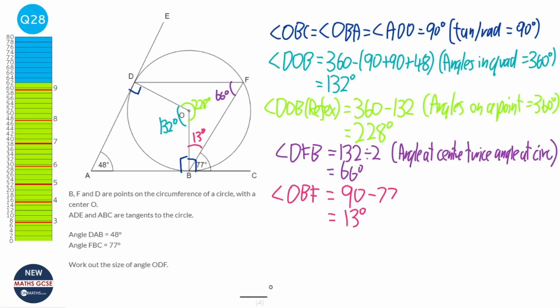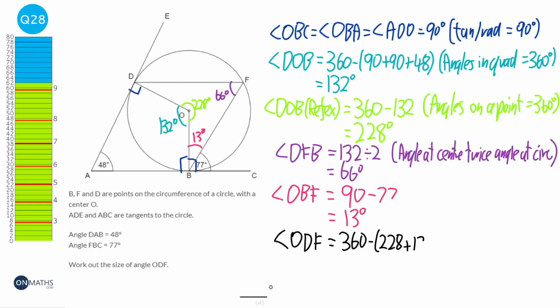And the final thing really here is that we've got a quadrilateral here, kind of arrowhead, and we've got three of the angles, 1, 2, 3, and we're looking for the third one. So angle ODF is going to be 360, take away all the angles that we know, so the 228, the 13 and the 66.